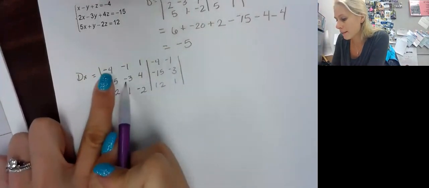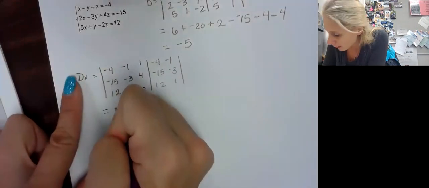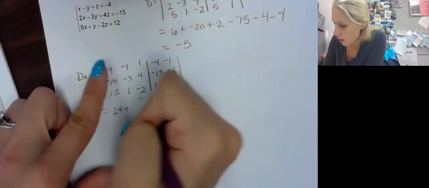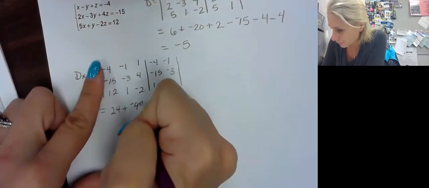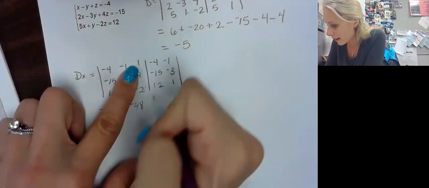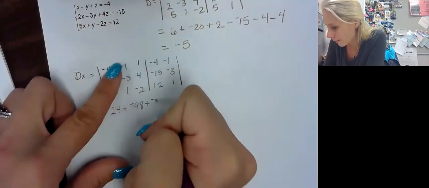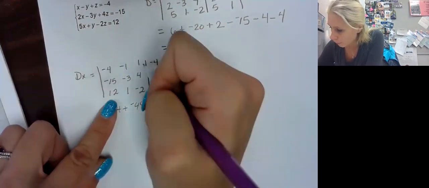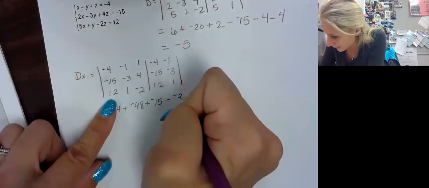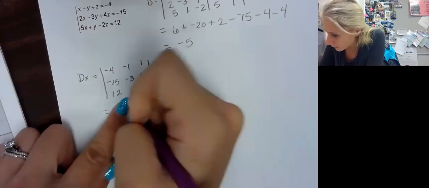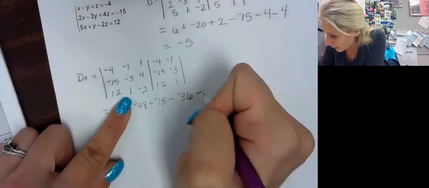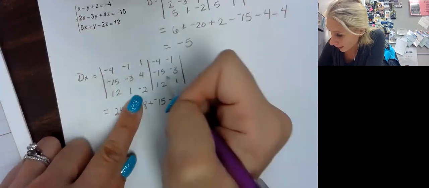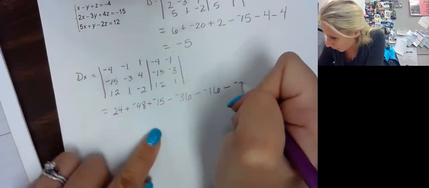That's a +12, -24 there, plus -4, so -48. And then plus a -15. Now subtract 12, -3, 1 is a -36 minus, that would be a -16 minus, this is going to be negative, so 30. -30.